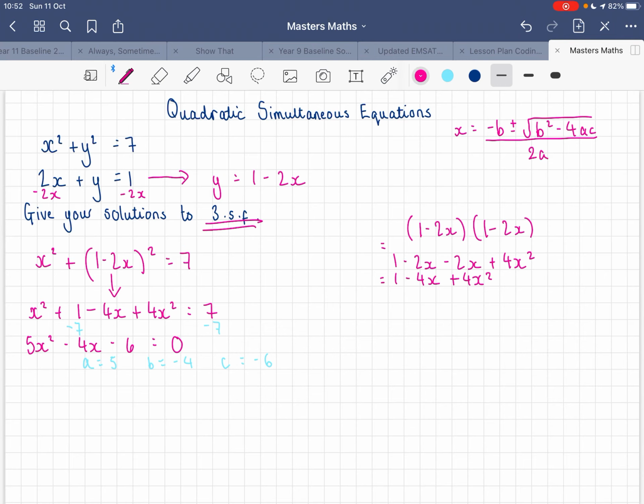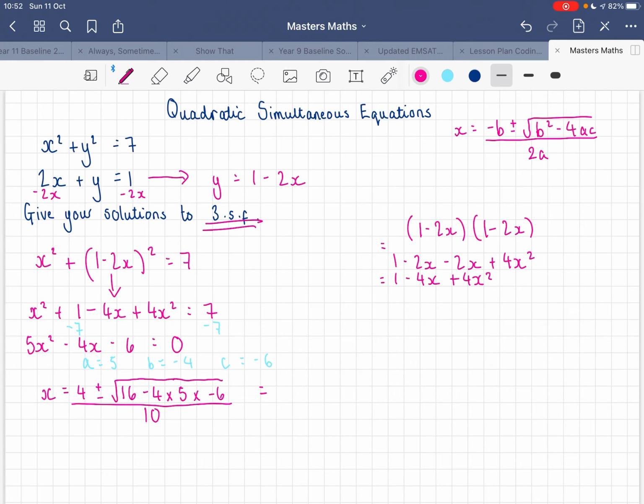So minus b is already negative, so minus b becomes positive, so it's just 4 plus or minus the square root of b squared, negative 4 squared is 16, minus 4 times 5 times negative 6. And then that is all divided by 2 lots of a, so it's all divided by 10.